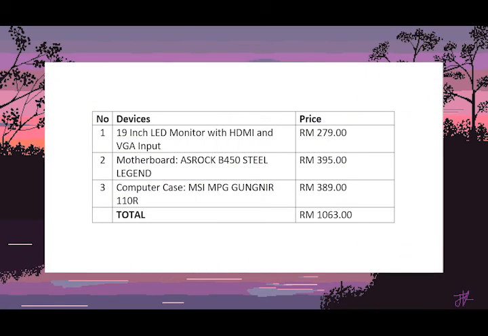Assalamualaikum warahmatullahi wabarakatuh. As for the next point, this is the total pricing for the PC proposal that we suggested for Nawal. For the device, it comes with three main components, which are monitor, motherboard, and computer case. The total is 1,063 Malaysian ringgit.